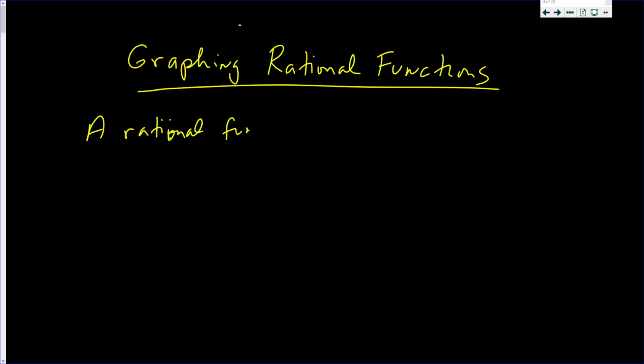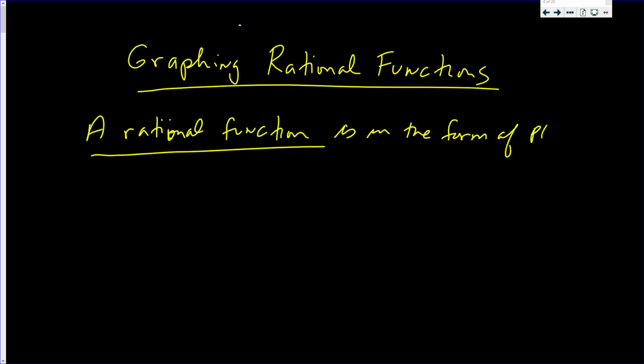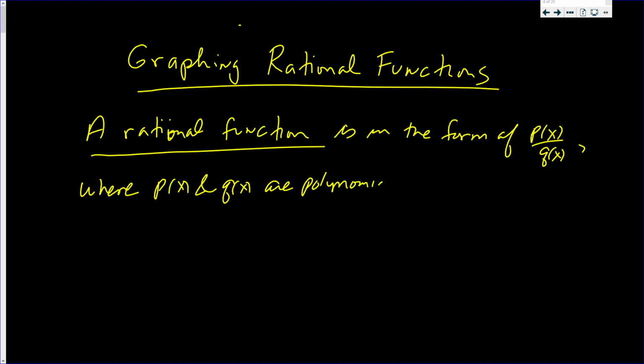A rational function is in the form, or can be put into the form of one polynomial over another polynomial, p of x over q of x, where p of x and q of x are polynomials.